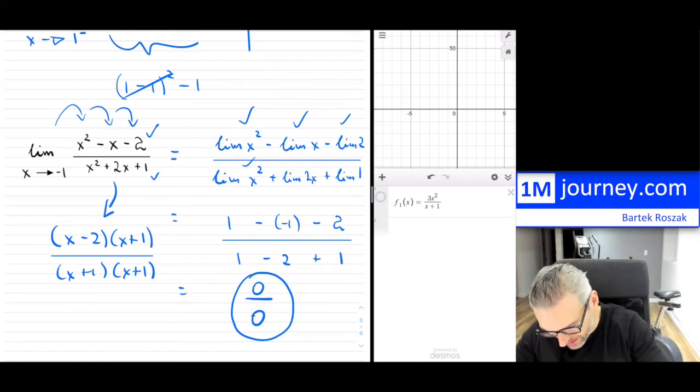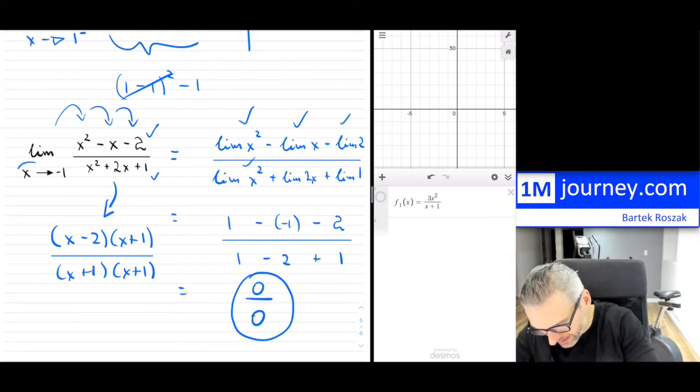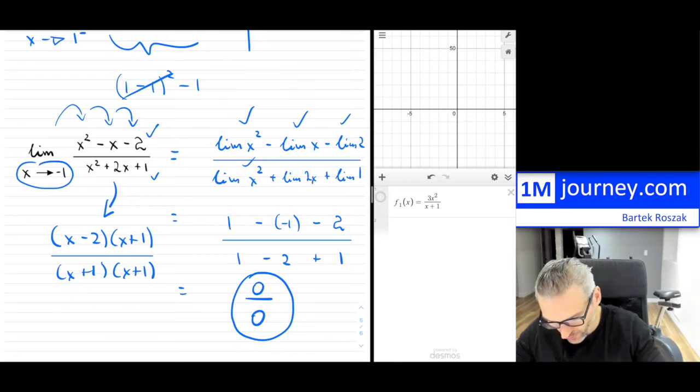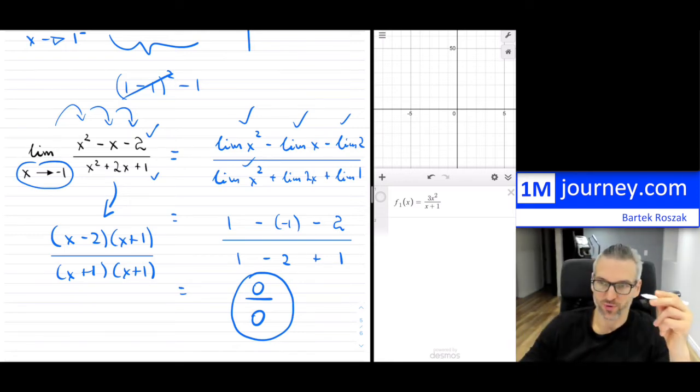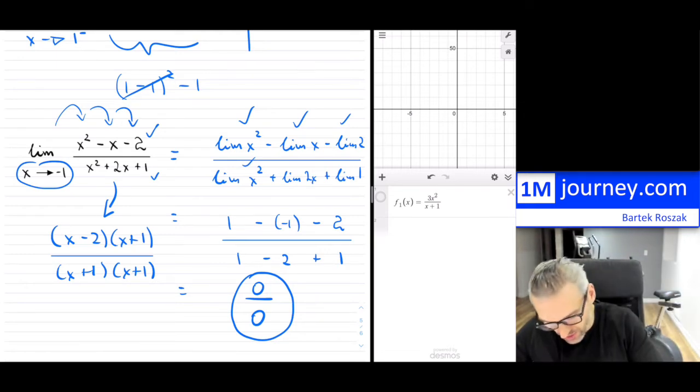Now, if I look at this, notice I want the limit as x is approaching -1. When we say x is approaching -1, it never actually is -1, right? If that's the case, look what happens. This x plus 1 and x plus 1 can actually cancel. So that's something that can happen.